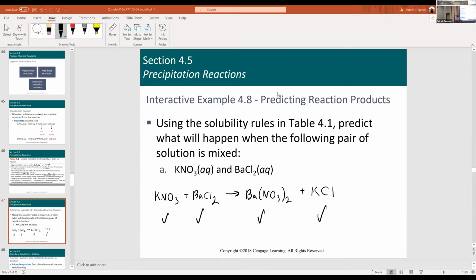Because when you mix things into water, especially when you're dealing with salts, you're not going to see these molecules form. These molecules will not exist. What will form is you'll have a soup of K+, NO3-, Ba2+, and Cl-. Oh, we gotta balance this first. Wait. All right, now it's balanced.